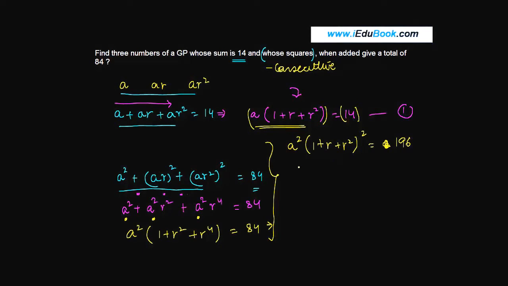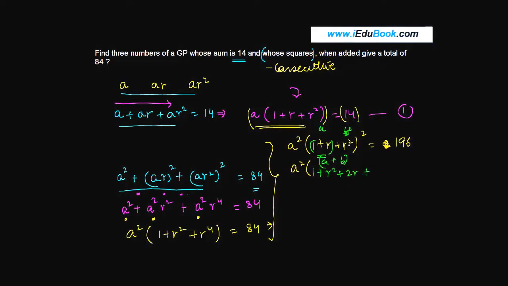Now, if I open this further, I can also write this as a square times the whole square. In this term, let us put 1 plus r as A and r square as B, such that we get this as A plus B whole square. If I do it like this, then what do I get? A square, which is 1 plus r whole square, plus 2AB, plus B square.